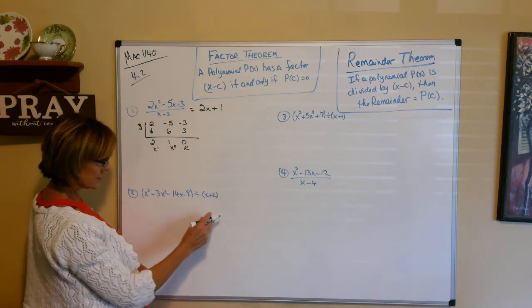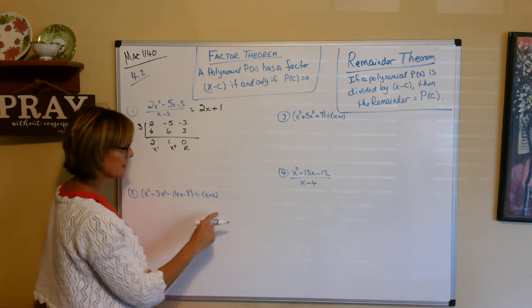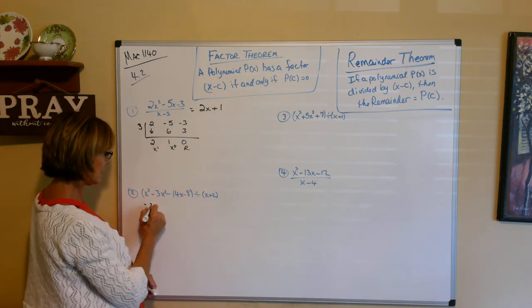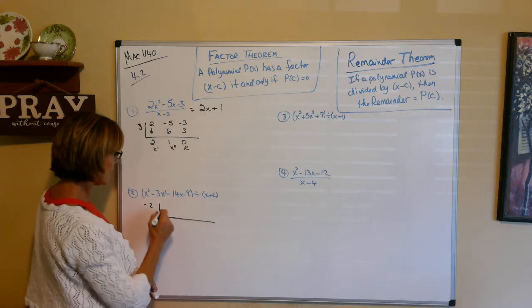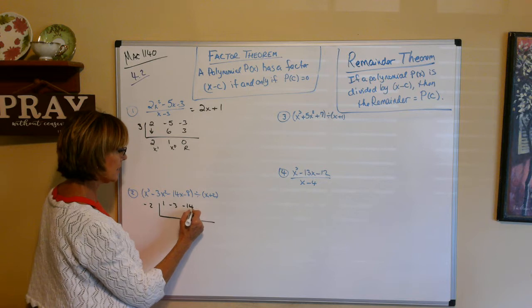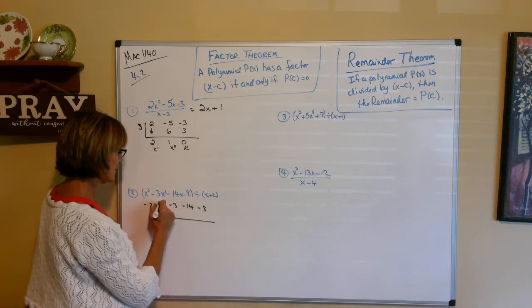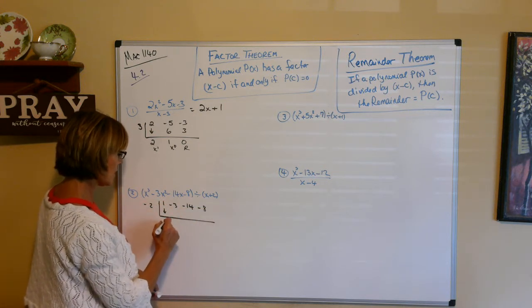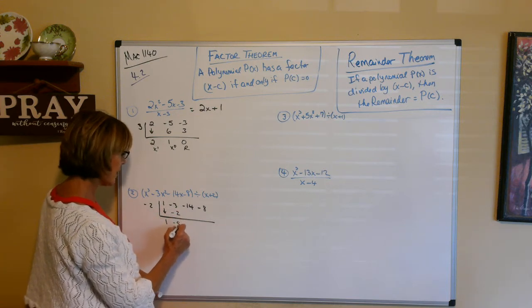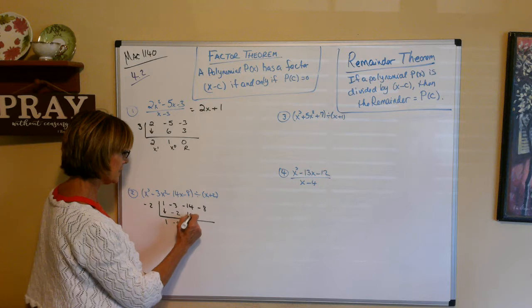Okay. Number 2, let's do this. This is of the form x minus c. In this case, c would equal negative 2. Draw your big long L. We're going to have 1, negative 3, negative 14, negative 8. Bring down your first guy, 1. 1 times negative 2 is negative 2. Add negative 5, multiply positive 10.